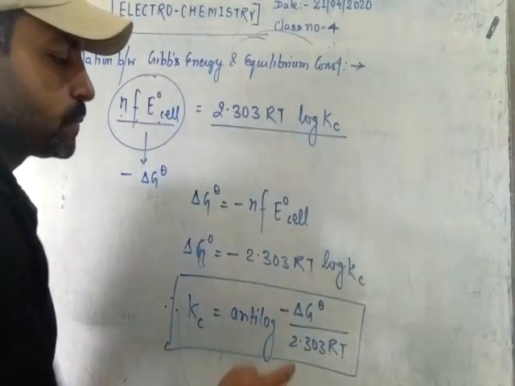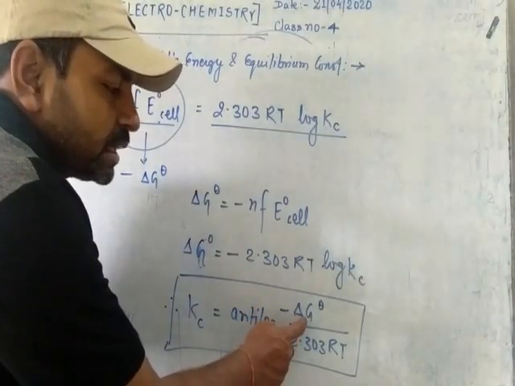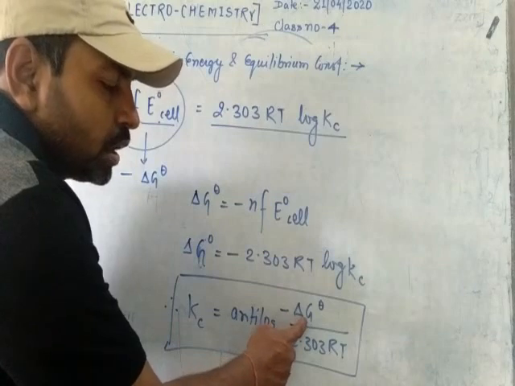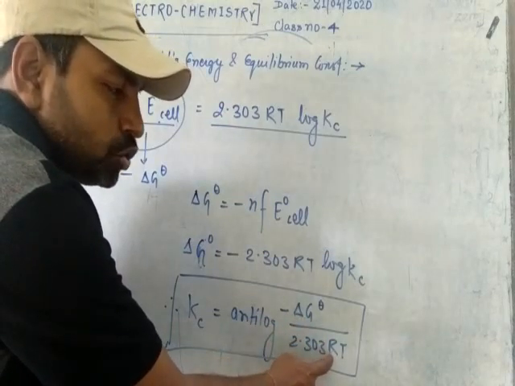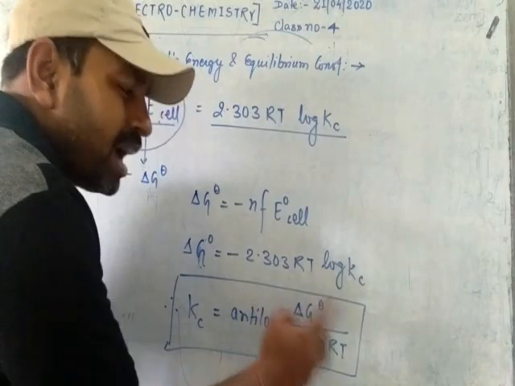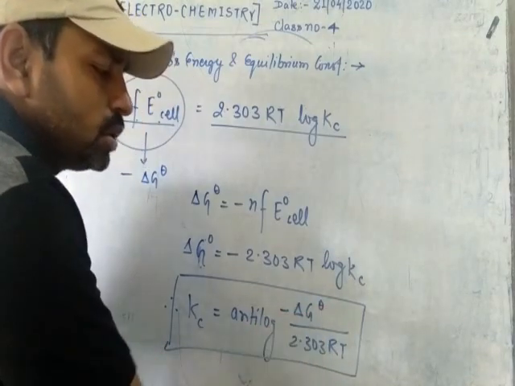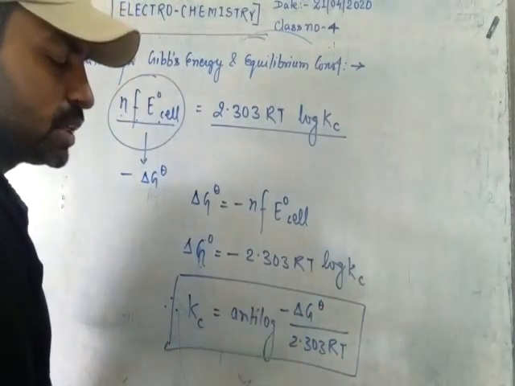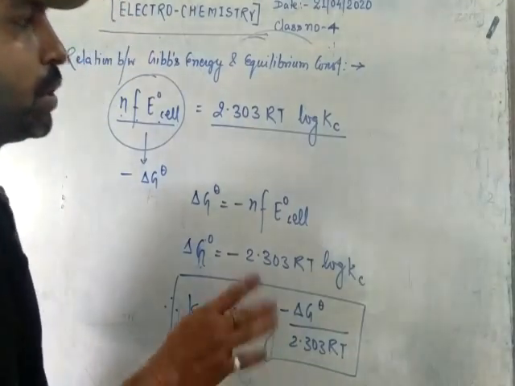Here the Gibbs energy in your question is given in kilojoule and the value of R is in joule, so you convert kilojoule into joule, or joule into kilojoule, and temperature must be taken in Kelvin.